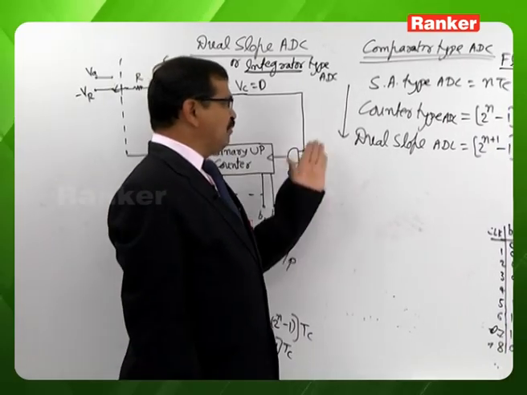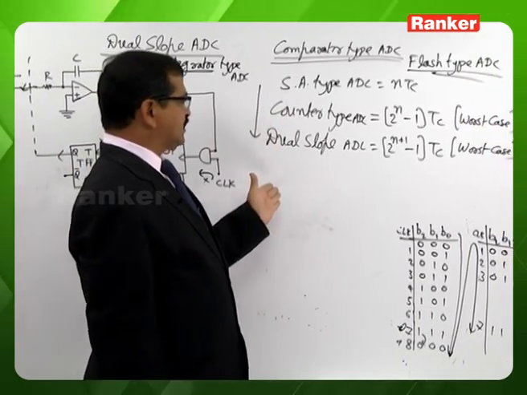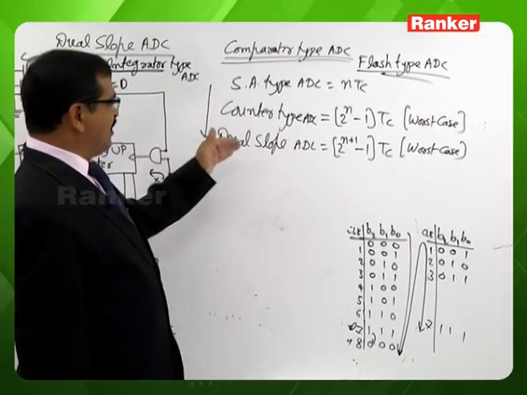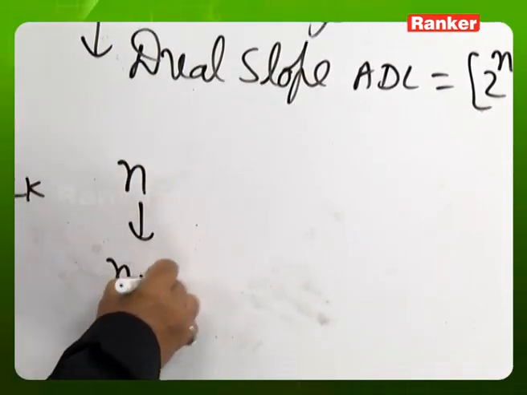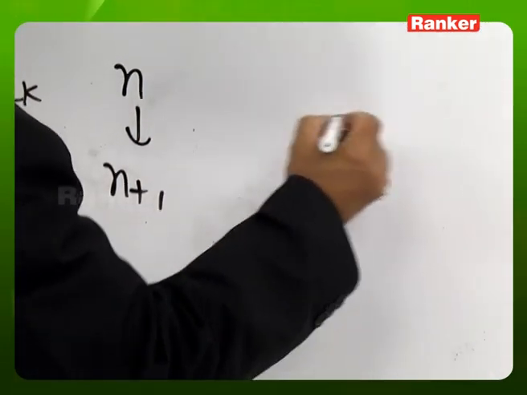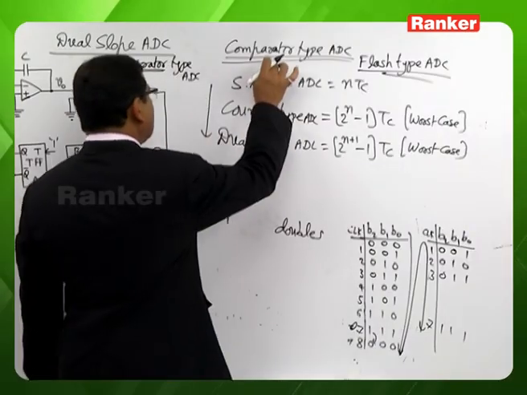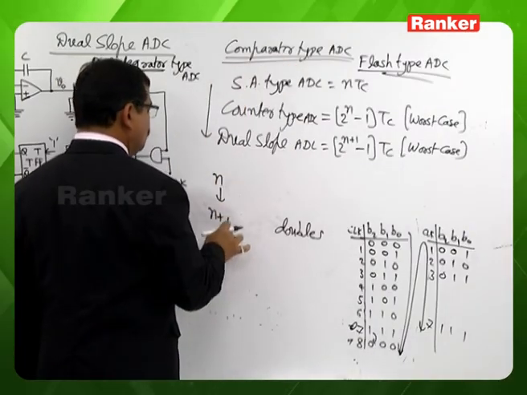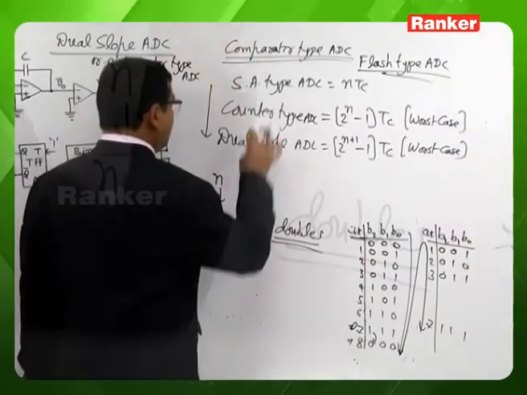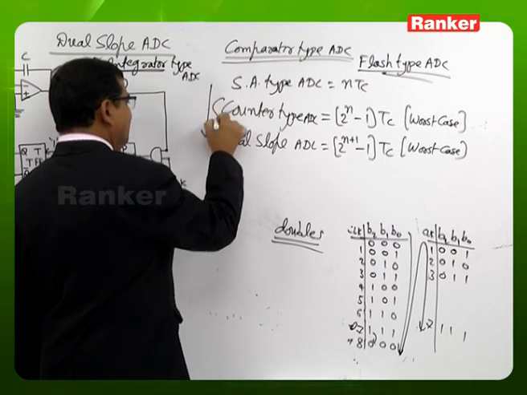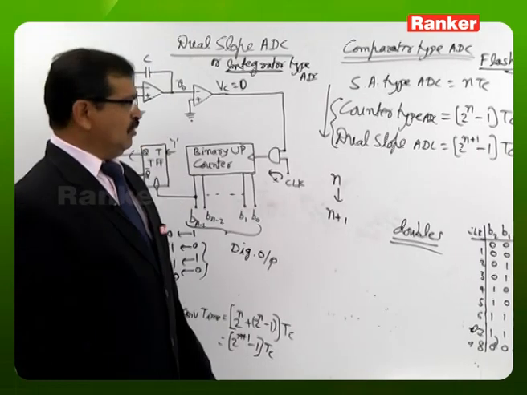In the counter type and dual slope analog to digital converters, whenever the size is increased from n to n plus 1, the conversion time is coming to be double. Whereas in the comparator type, whenever it is going from n to n plus 1, the number of comparators is coming to be double.